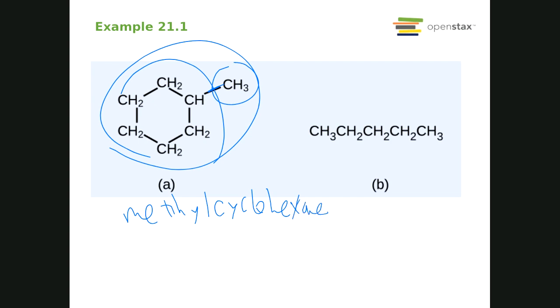Methylcyclohexane. 1, 2, 3, 4, 5 carbon is going to be pent for 5, -ane because it's an alkane. Why is it an alkane? Because 5 carbon has 12 hydrogen. So 5 carbon with 12 hydrogen is going to be pentane.